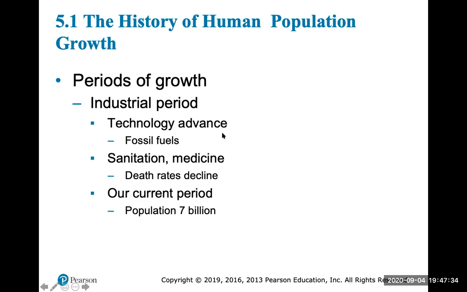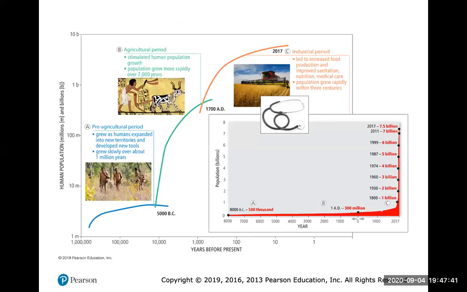This is really when we had an extreme period of growth, and this is our current period where the population is about 7 billion. So this is a look at the growth periods, the pre-agriculture period, agriculture, and then we're in the industrial period. And really the use of sanitation, medical care, vaccinations is what has allowed the world's population to increase so exponentially.